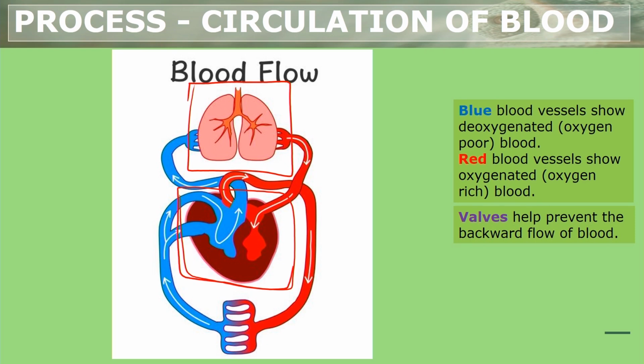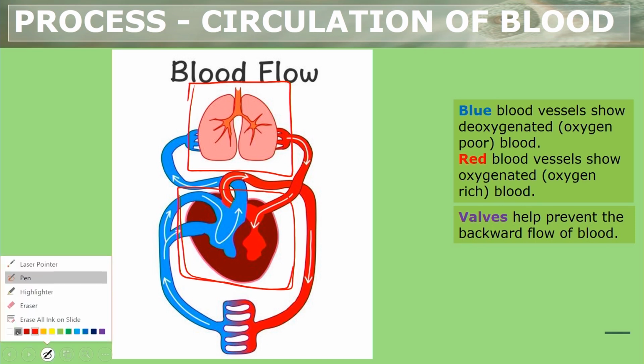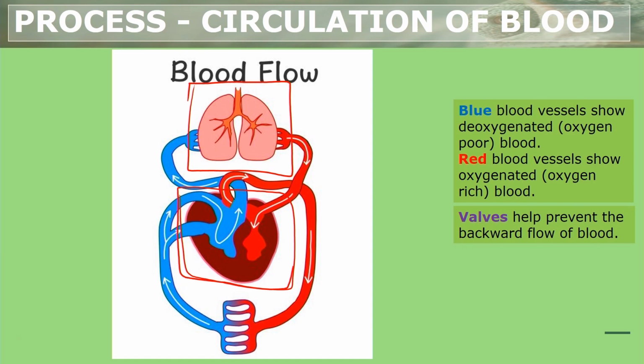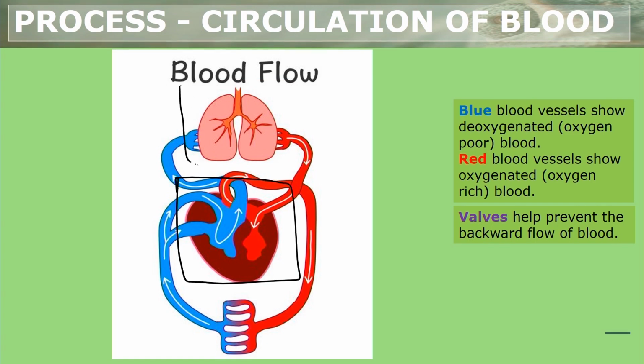We will also learn about valves, and these are structures that help prevent the backward flow of blood. Let me just change this to black so you are able to see it. This is the heart, and these are the lungs.